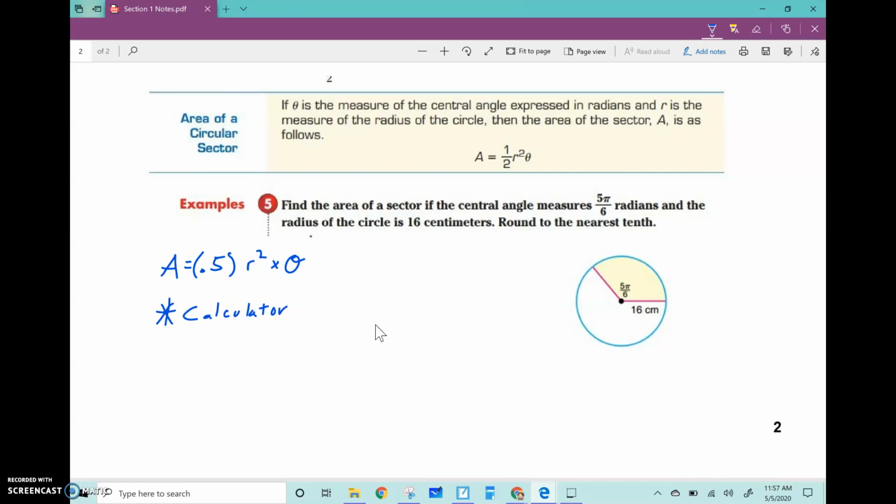So in my calculator, I'm going to type in 0.5 times my radius squared, which is 16, times the radian measurement. You can leave that in radians. All of this goes in your calculator, and once you type all of that in, we get that A equals 335.1.